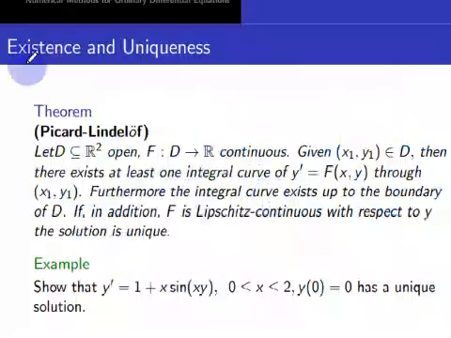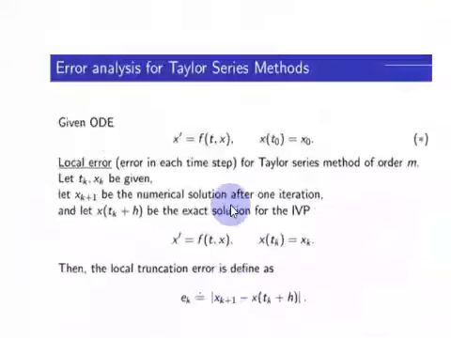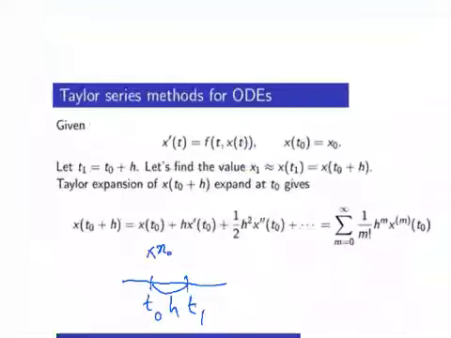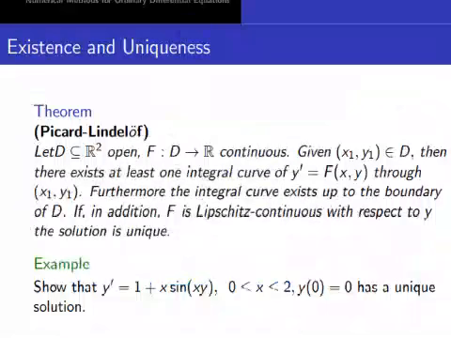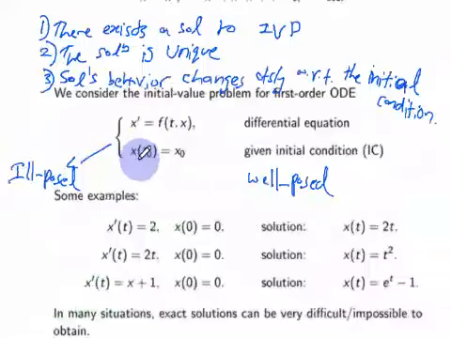So let's go back to our problem. All right. This is your initial value problem. This is your function of two variables t and x. T is the independent variable, x is the dependent variable.